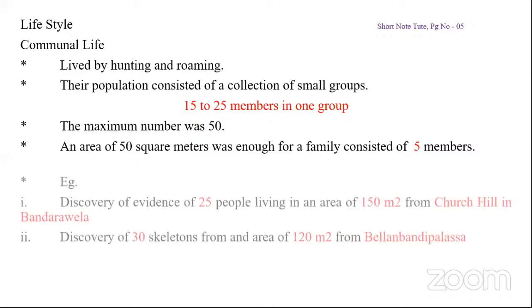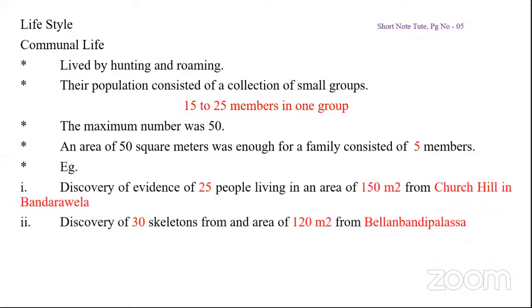We find evidences from 2 places. What are the 2 places? Discovery of evidences of 25 people living in an area of 150 square meters from Church Hill in Bandaravela.